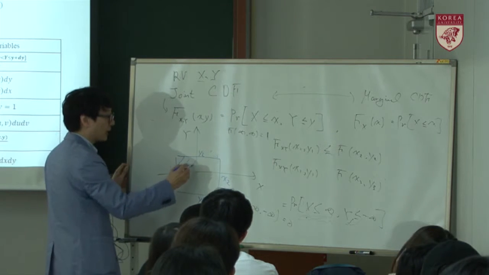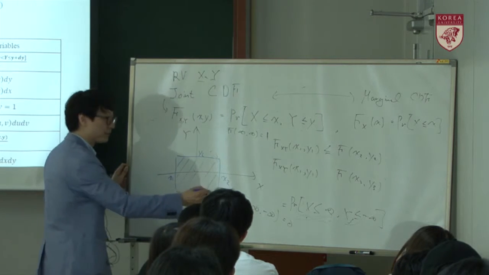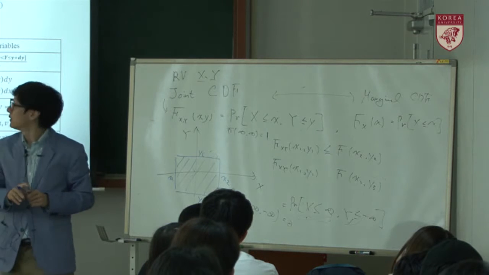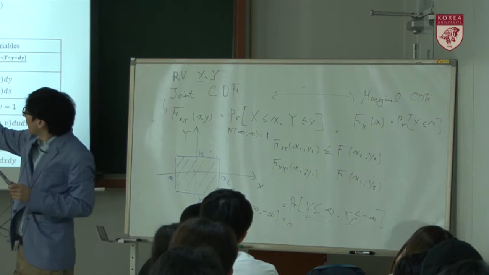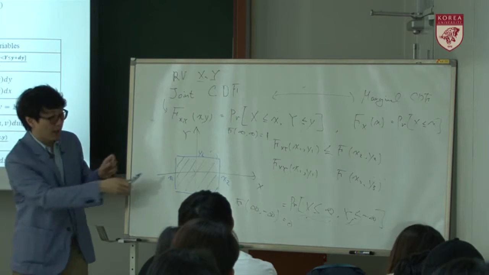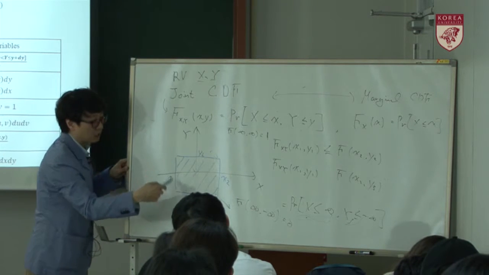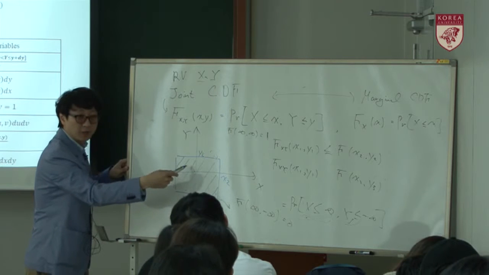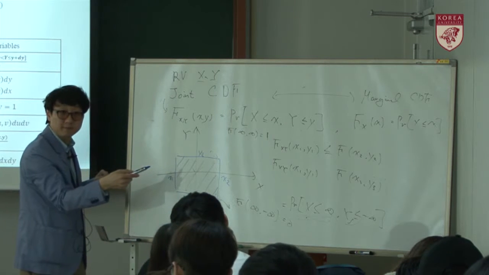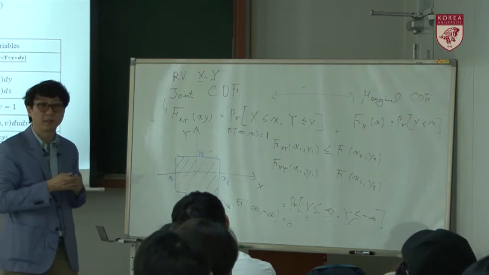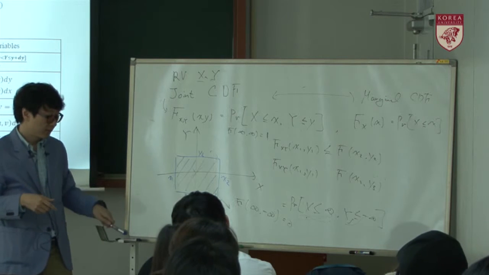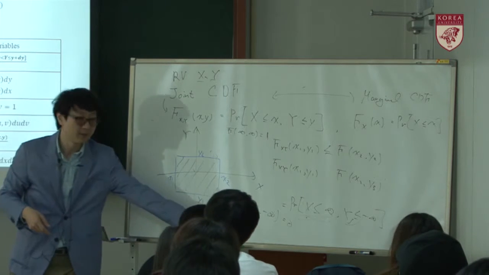So we want to calculate this probability. The probability that X is between x1 and x2, and Y is between y1 and y2 can be calculated as the area of this rectangle. And how can we calculate it from the CDF? You can easily do that, right?